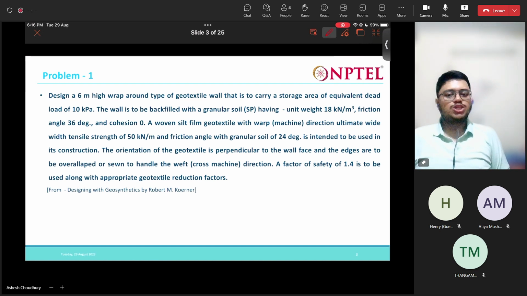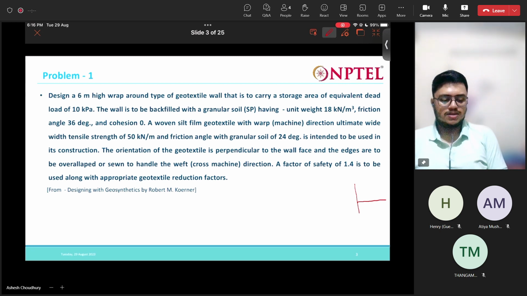The friction angle between the geotextile and the soil is 24 degrees. The orientation of the geotextile is perpendicular to the wall face, and the edges are to be overlapped or sewn to handle the weft direction. That means if this is the wall, drawing the cross section, the geotextile is laid like this. This is the warp direction and this is the weft direction.